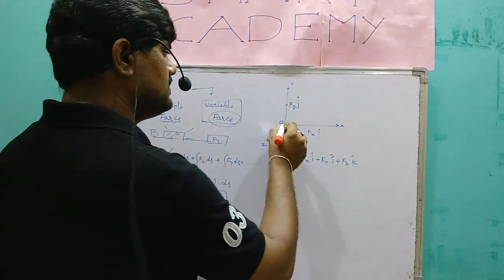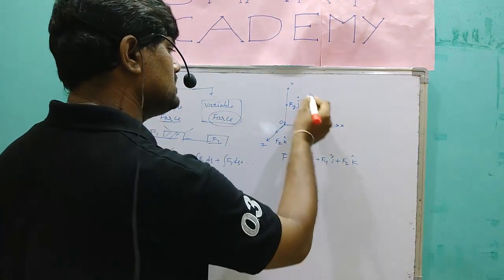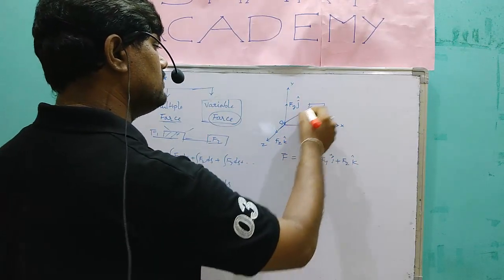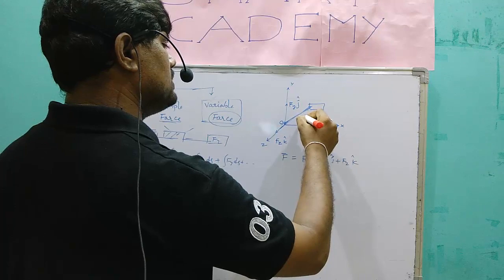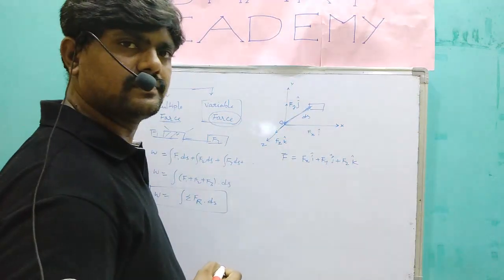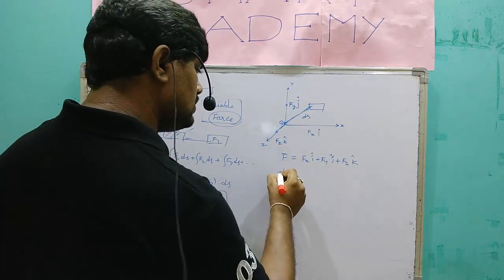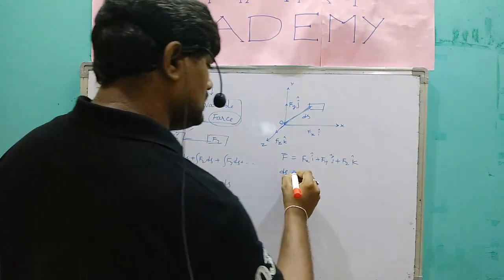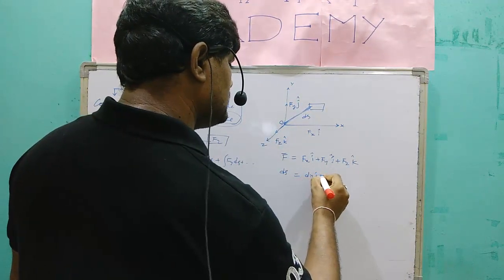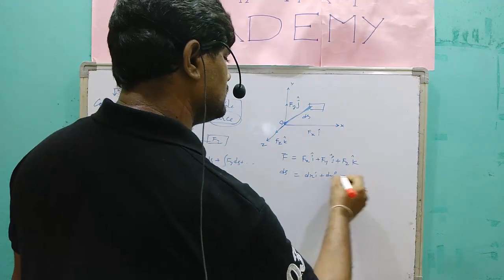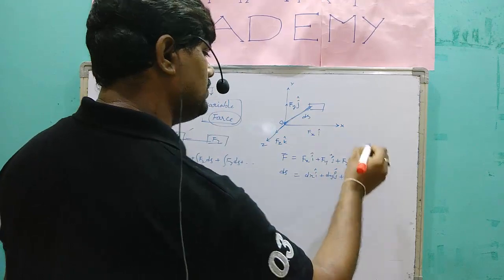Okay. Suppose this is a body which is displaced in space like this. The resultant displacement, let it be ds. The small displacement is ds. That value can be written as dx i plus dy j plus dz k.